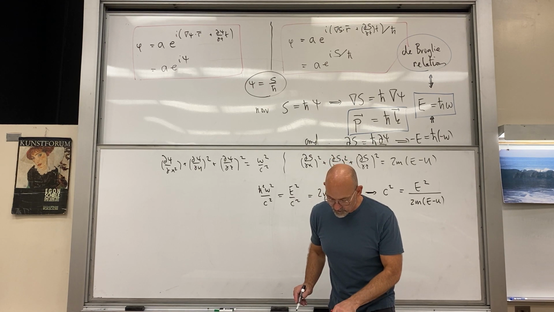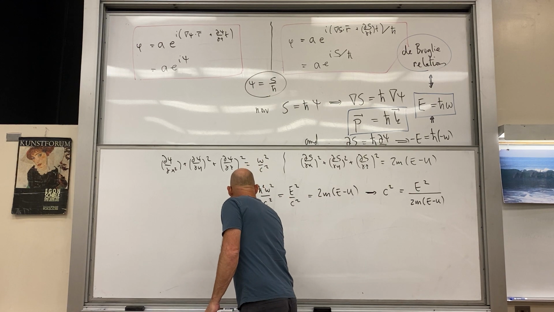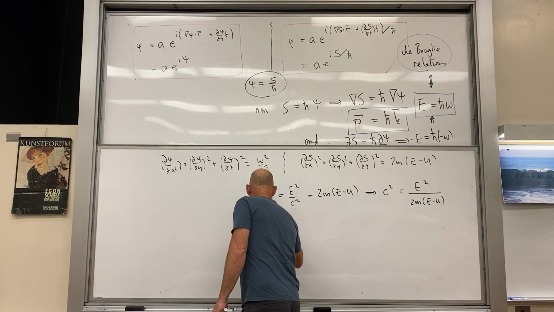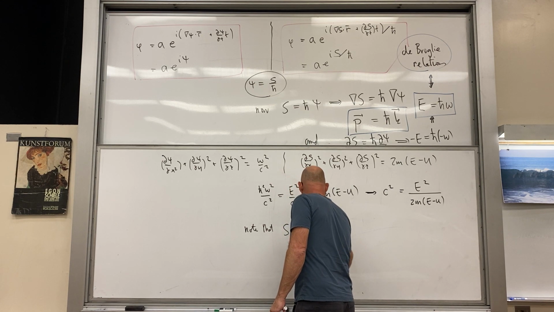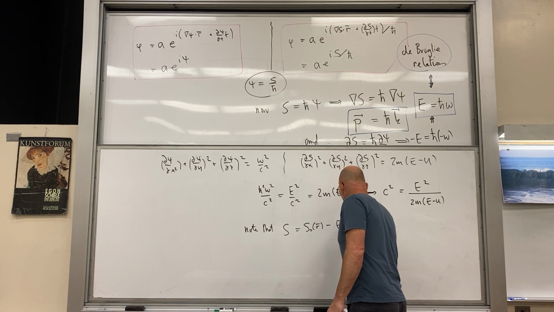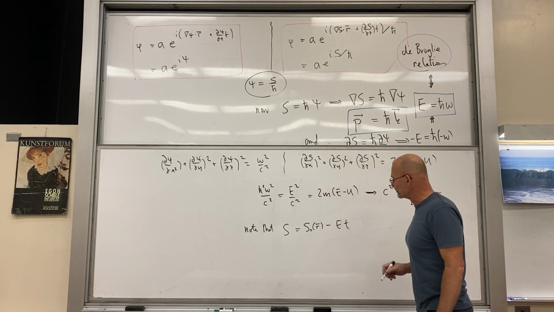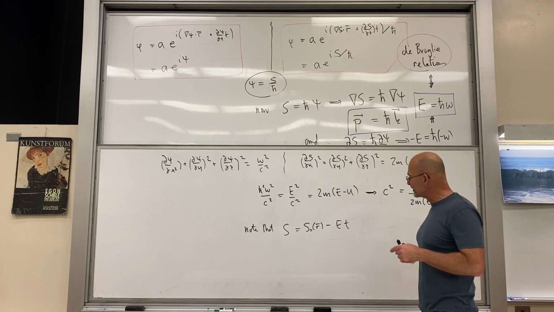So I'm going to write, note that, suppose we have S equal to S naught of r minus E times t, and that was in our phase, divided by h bar, that's in our phase.